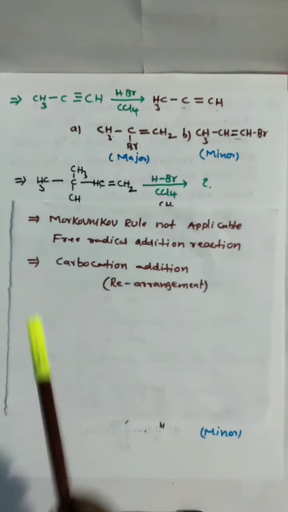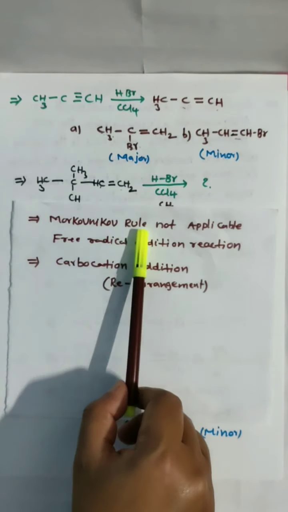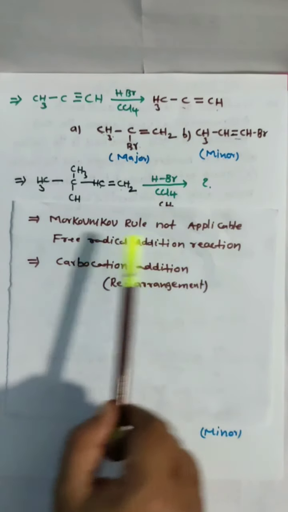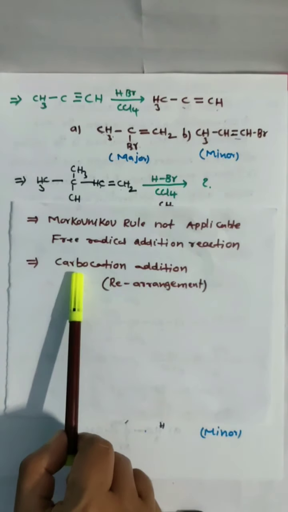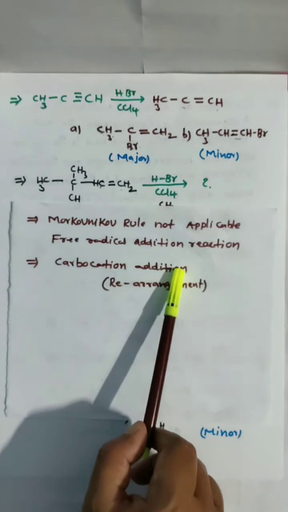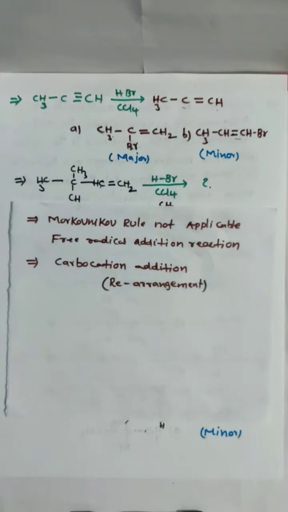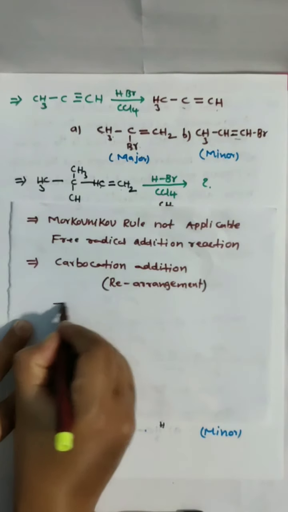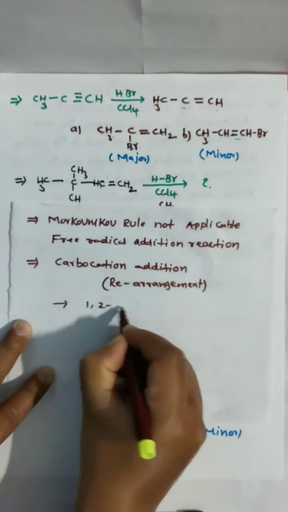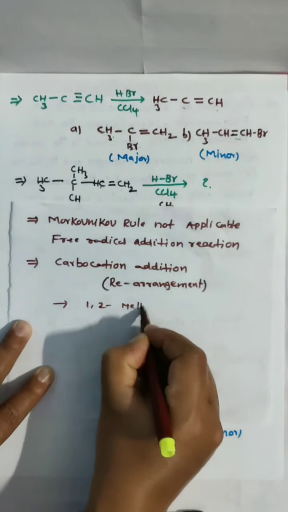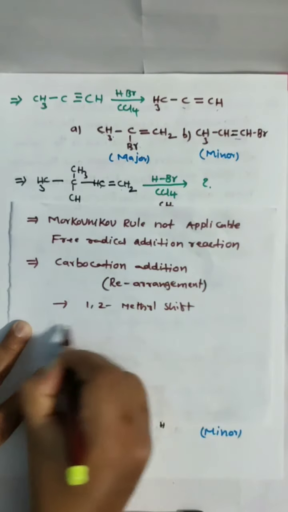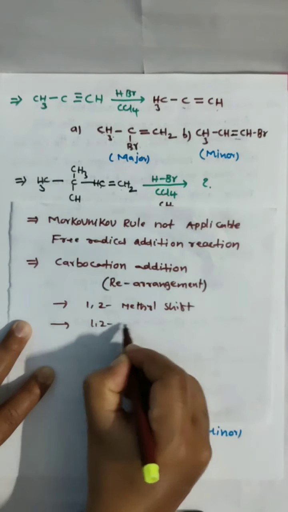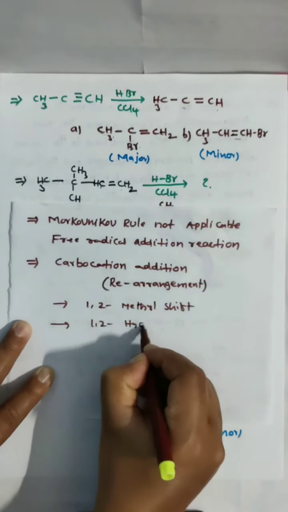Theory question: the Markovnikov rule is not applicable for free radical addition reactions. It is only for carbocation addition where rearrangement is possible. Rearrangement means what? 1,2 methyl shift or 1,2 hydride shift.